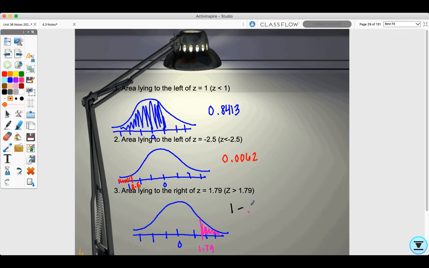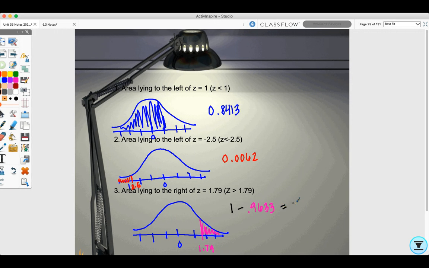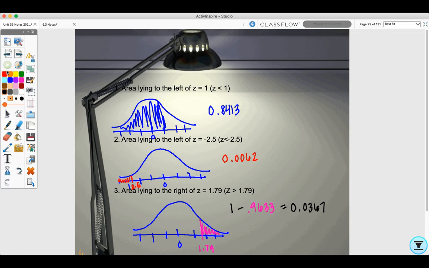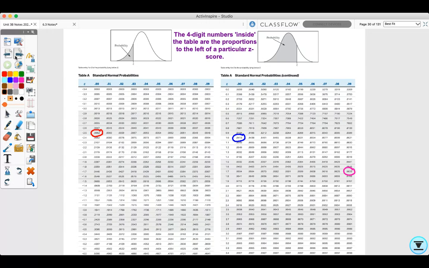So I have 1 minus 0.9633, which gives me a value of 0.0367, the proportion of the area underneath the curve. Again, these are already standardized for us, so we're just learning to use the table on these.